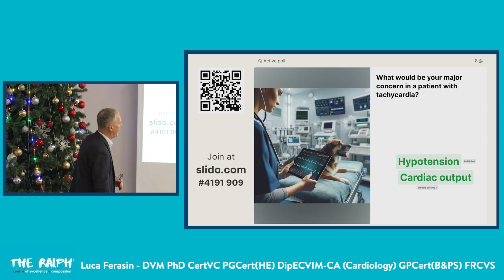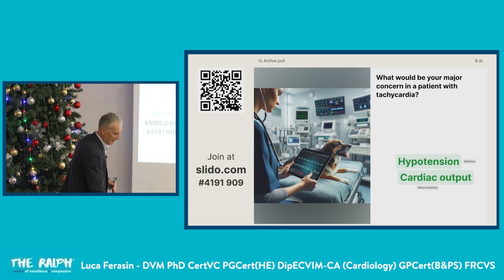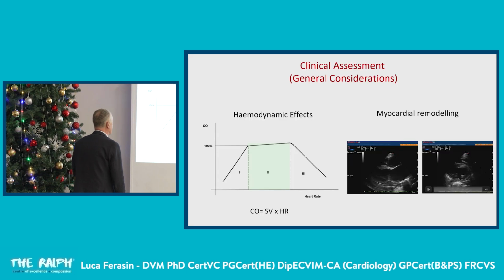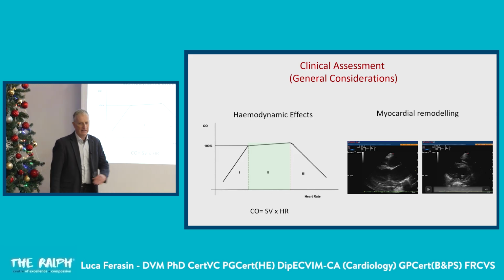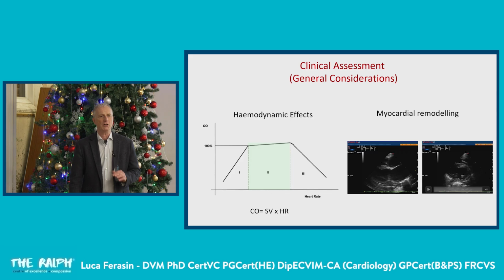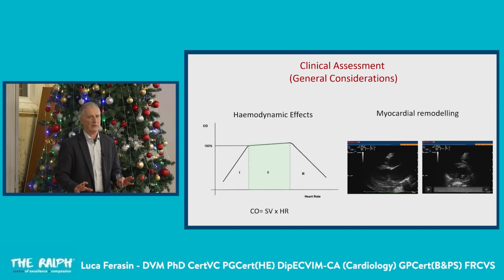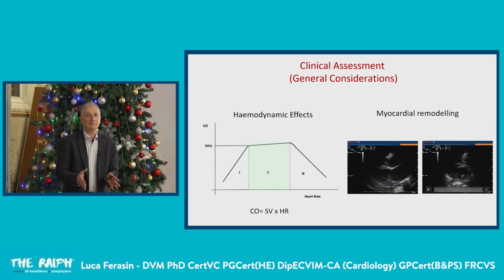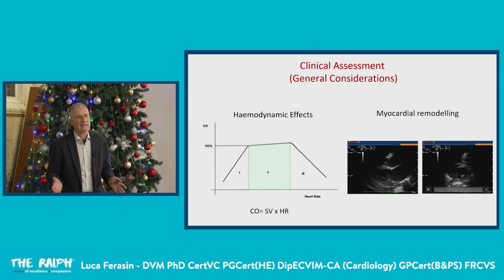So why do we have reduced cardiac output with tachycardia? I've got this diagram here, and I deliberately made this diagram dimensionless. It doesn't have numbers, all right? Because tachycardia is a relative concept. Some people use numbers, but I'm against them.